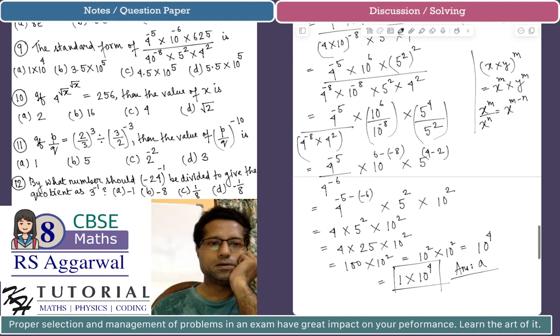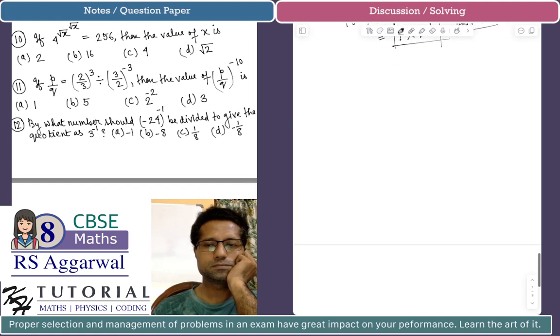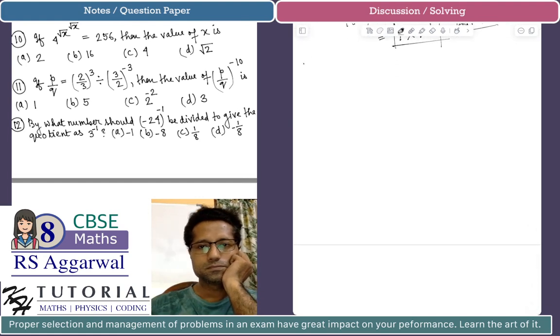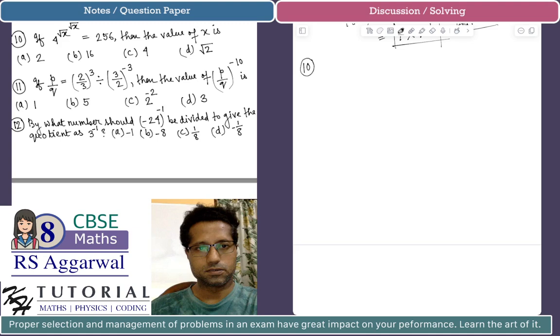Okay, let's do problem number 10. This is also a problem where we have to solve for x, which is in the power. This might be a little complex expression.